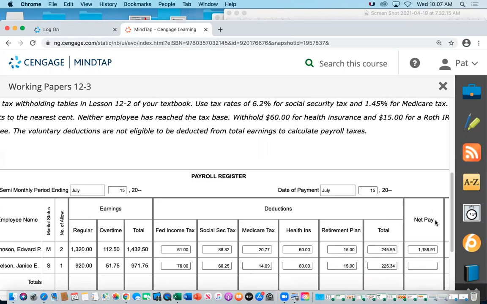In order to get net pay, we take total pay minus all our deductions, and we get net pay of $746.41. Net pay is the amount of money she receives. That's the money that goes into your checking account.